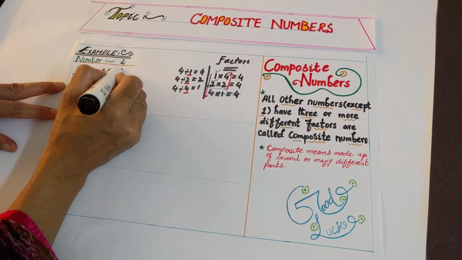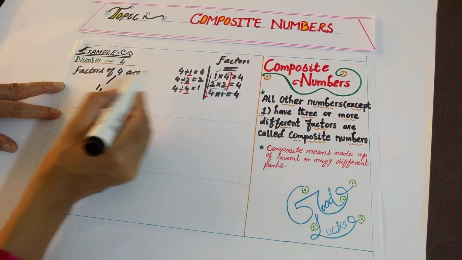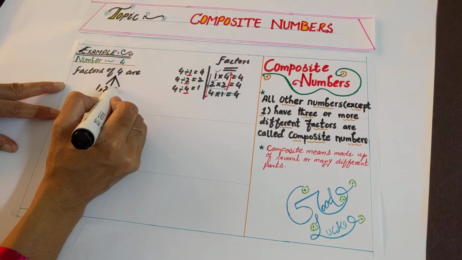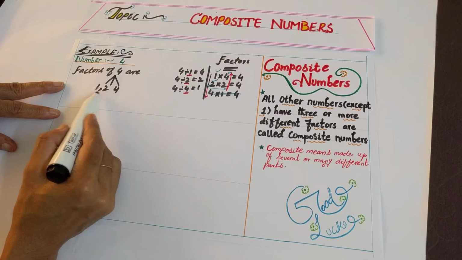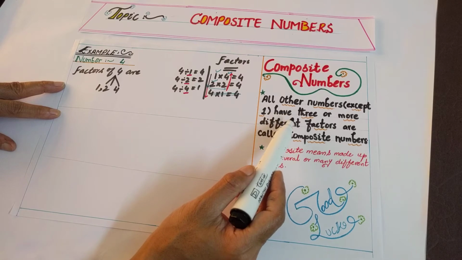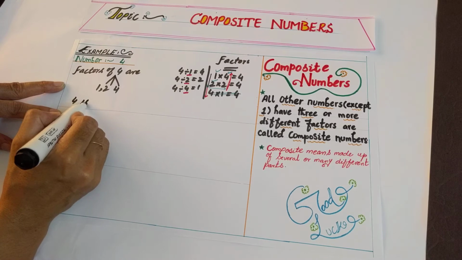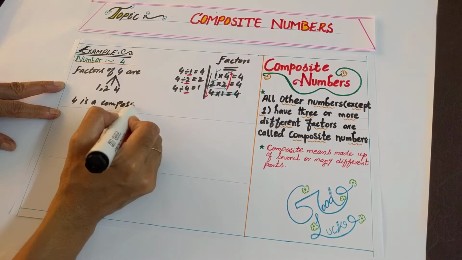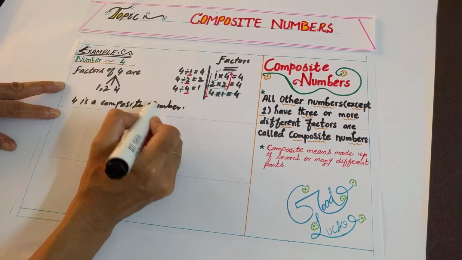Factors of 4 are 1, 2 and 4. So there are 3 factors of 4 satisfying the condition of the definition, and all 3 factors are different. It means 4 is a composite number.